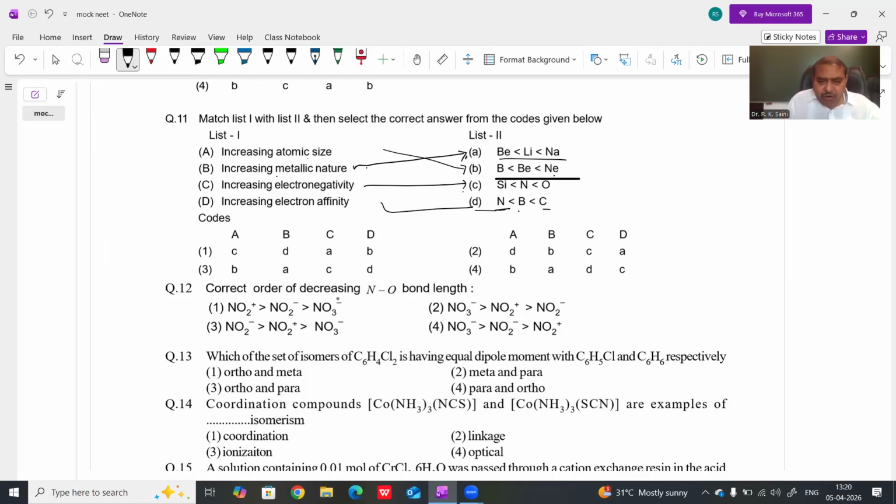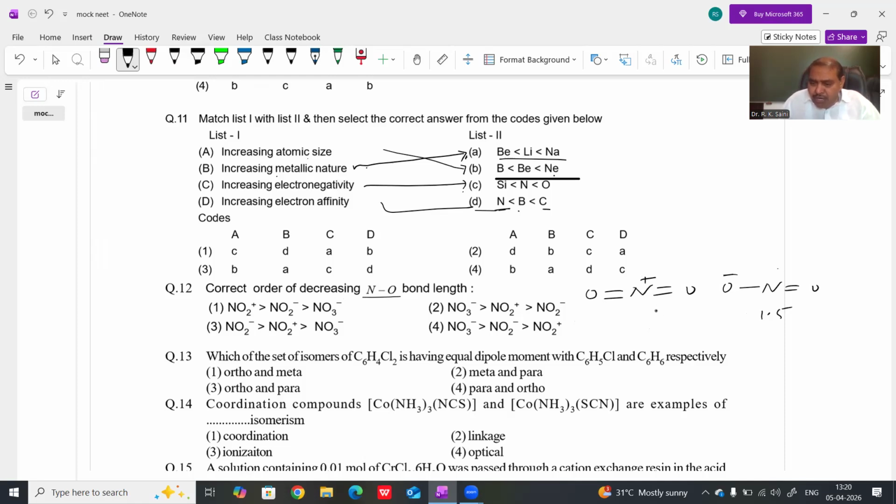Next question: the correct order of decreasing nitrogen-oxygen bond length. The nitrogen-oxygen bond length depends upon the bond order. In NO2 positive, the bond order is 2. In NO2 minus, it has two resonating structures, therefore the bond order is 1.5.